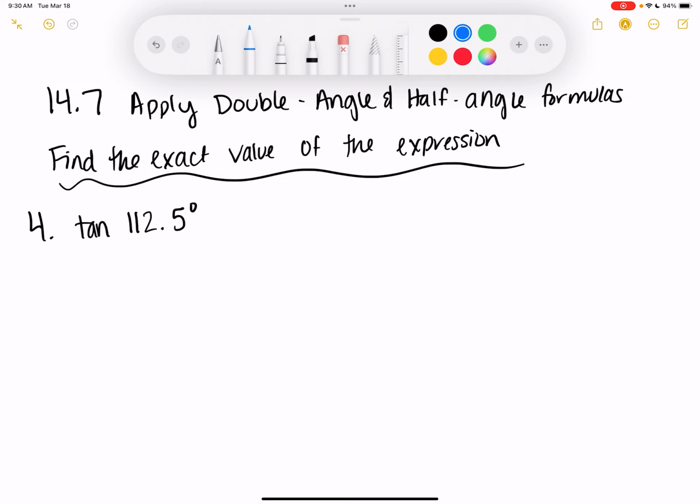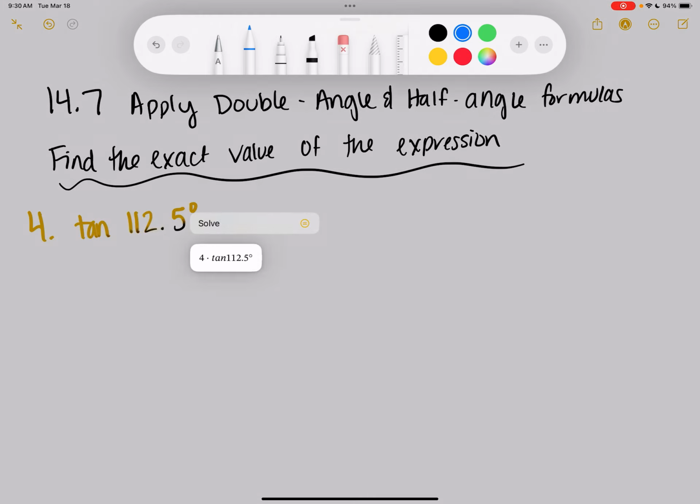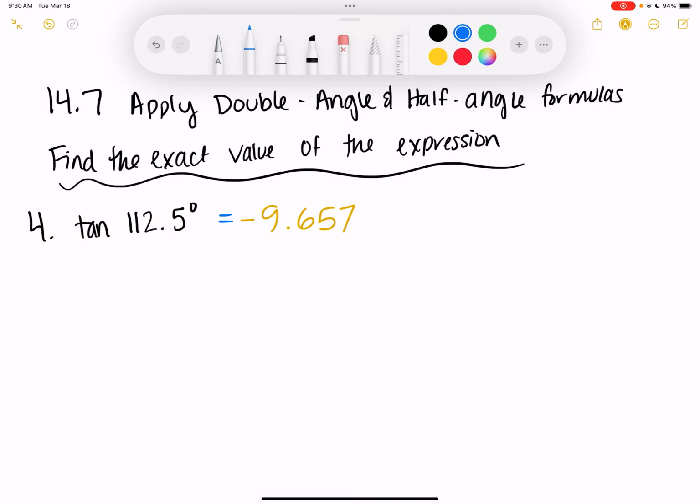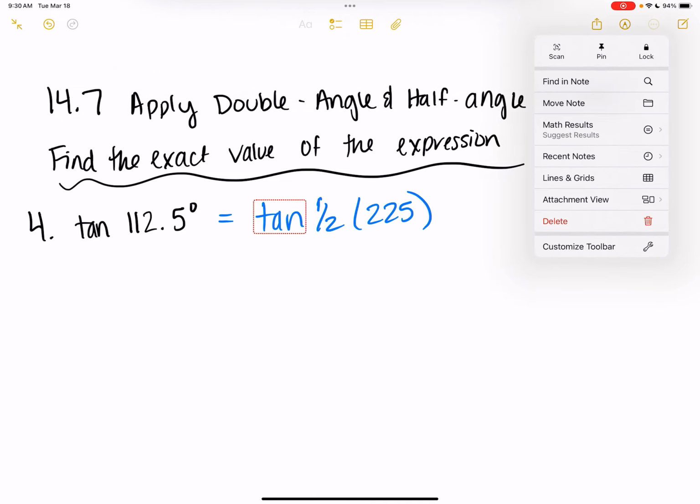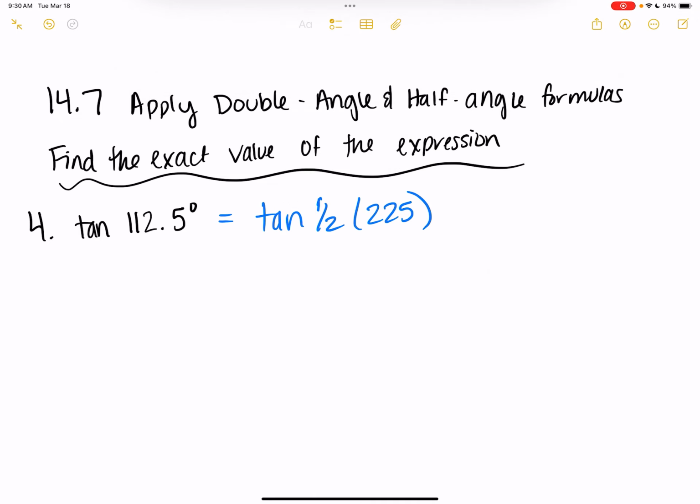So I'm looking for the tangent of half of 225. Turn this off before it starts trying to solve things for me.